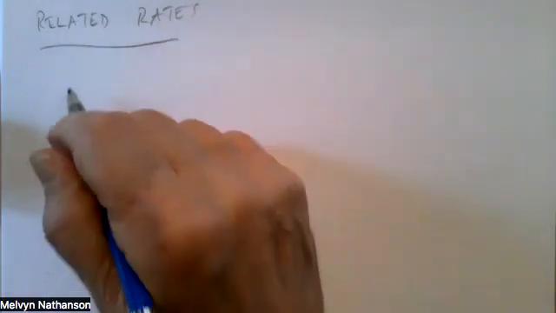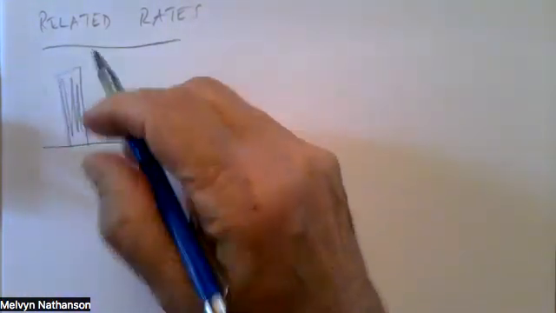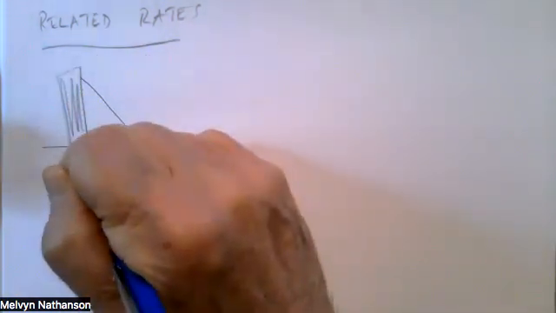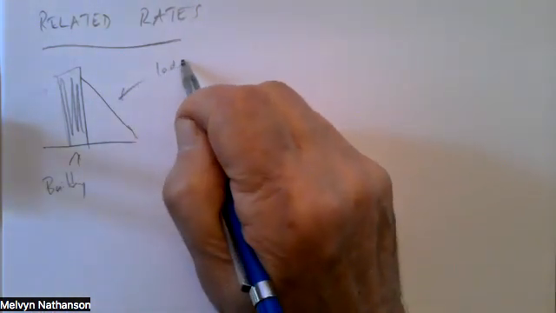So here's a classical type of problem. You have a building and a ladder. So this is a building, and that's a ladder leaning against the building.